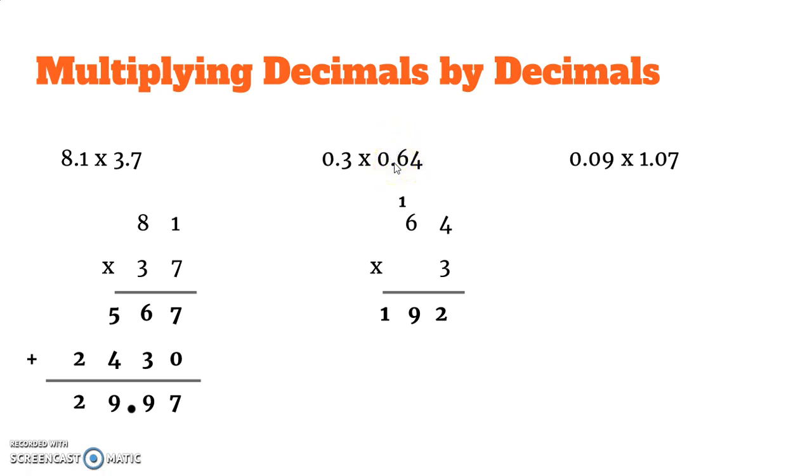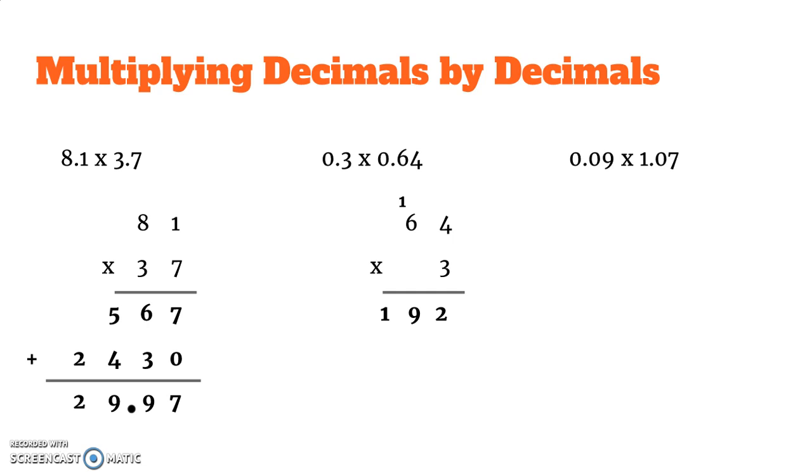I'm going to use the same thinking that I did with my previous problem. If I multiply 10 times 100, I get 1,000. So therefore, if I had a tenth times a hundredth, I would need thousandths. Well, the thousandths place is the third place to the right of the decimal point.